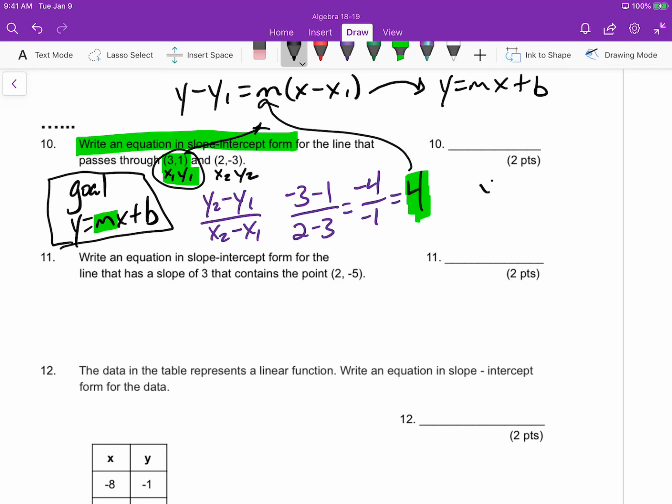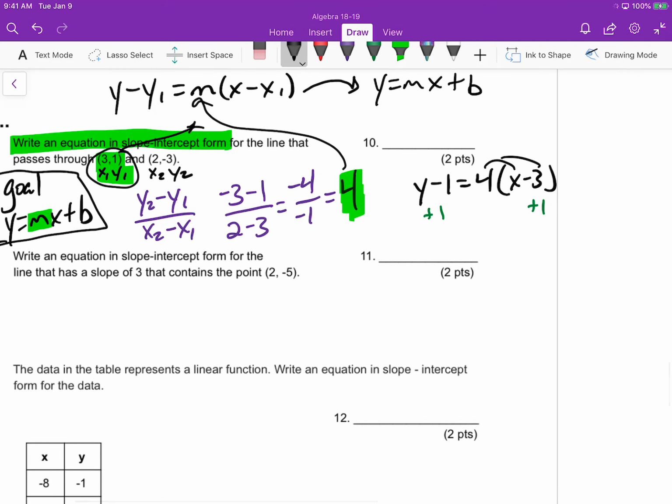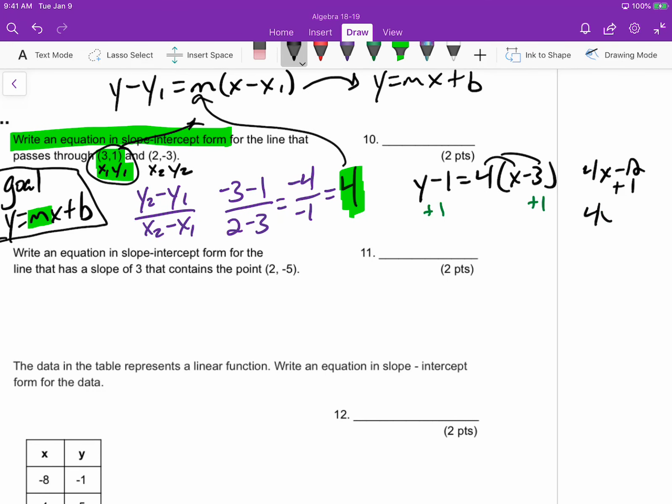So I would have y minus 1 equals the slope times x minus 3. And then I would just distribute really quick, and I'd also add the 1 over. So I would get 4x minus 12 plus 1. So 4x minus 11. There it is. Y equals 4x minus 11.